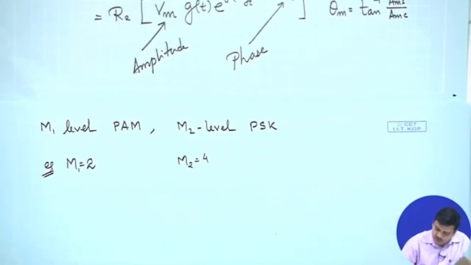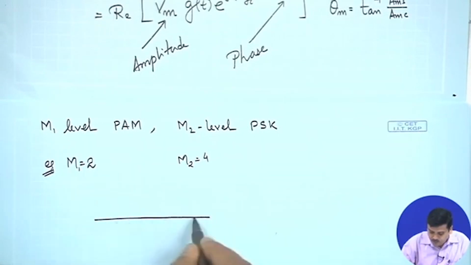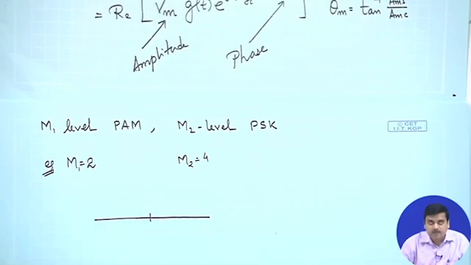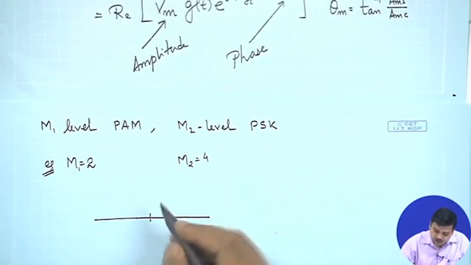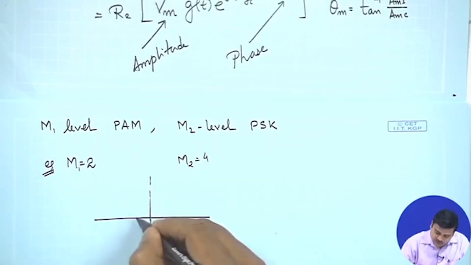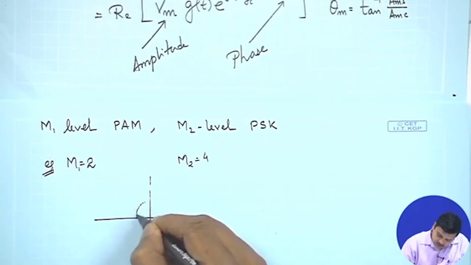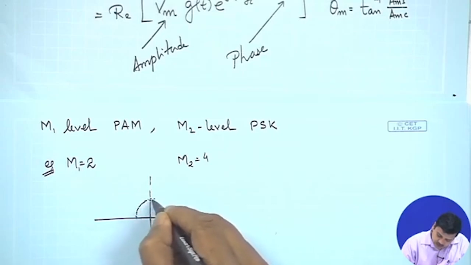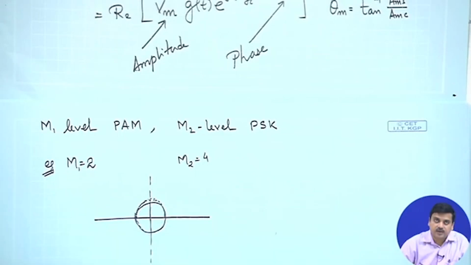So if we try to draw our signal space diagram, I have two different amplitudes. If I select a D and a minus D, we are actually taking phase and amplitude together, so it's not so easy to plot it directly based on these two. So what we do is, let us suppose we have one amplitude level covering a radius as the amplitude.